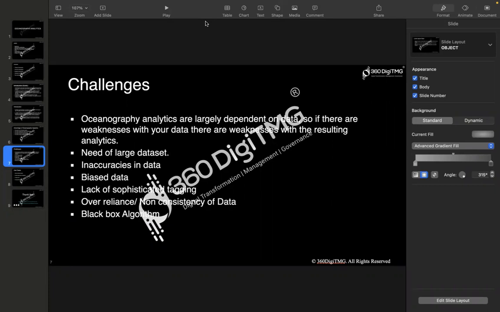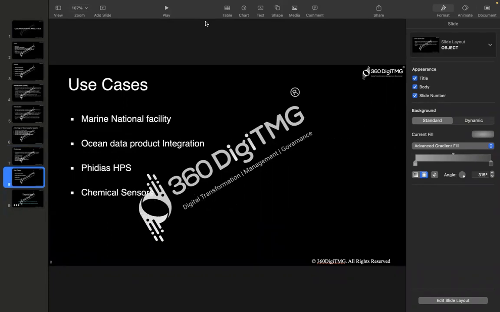Then we have inaccuracies in data, biased data, lack of proper tagging, over-reliance, and non-consideration of data. Then we have black box algorithms also. Here I have used some use cases, which are Marine National Facility, Ocean Data Protection Integration, PDNs, HPS, and chemical sensors.